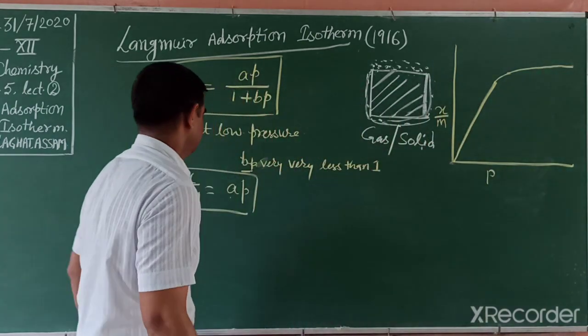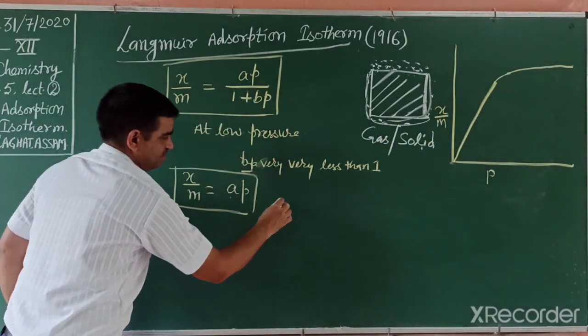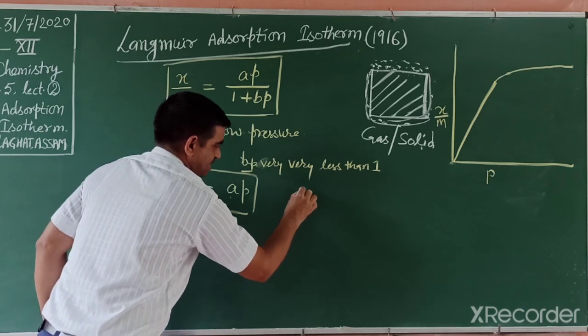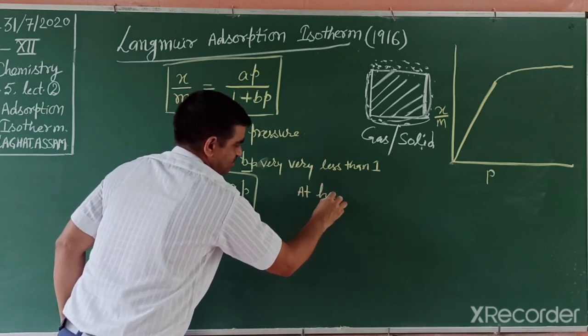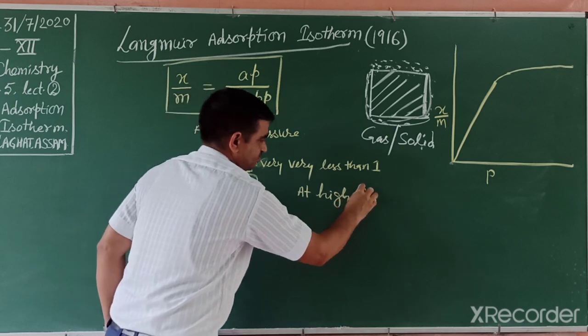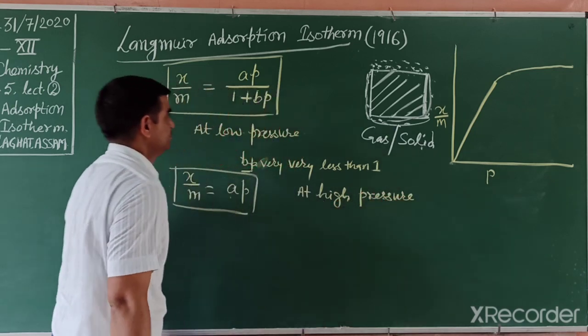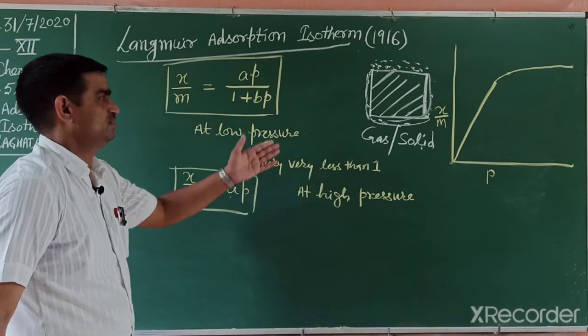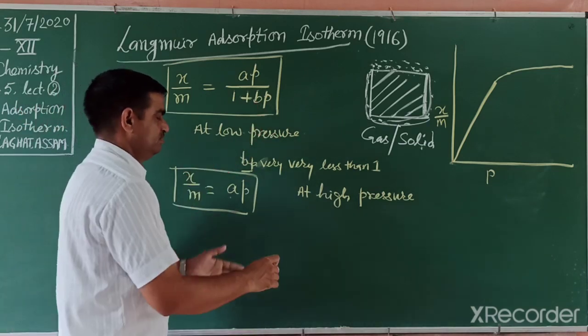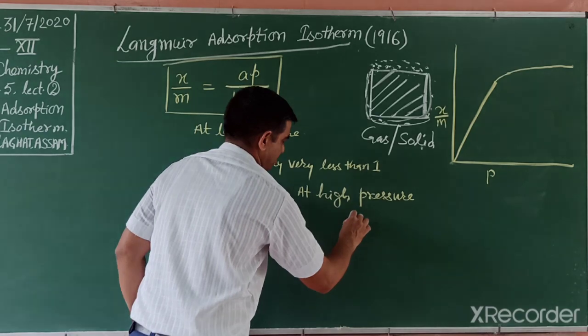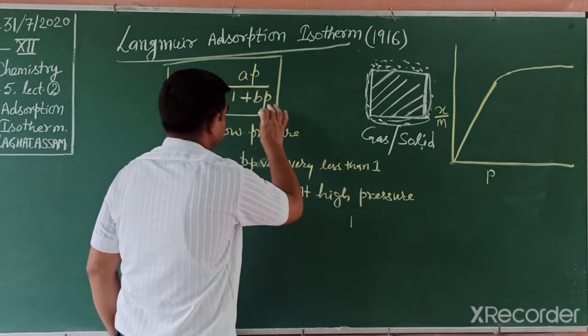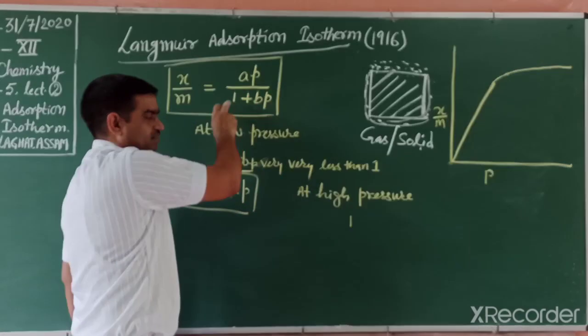What is the reason? At high pressure, another condition, we can't ignore the BP value, but we can ignore 1, because the BP value is very high compared to 1.